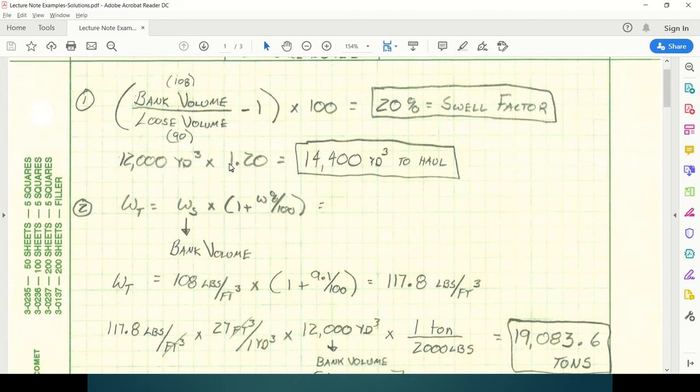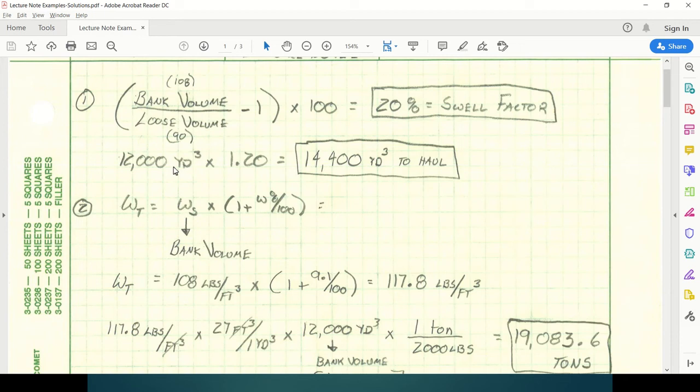So you notice I put the 1.20, so I can take 12,000 times 0.20, and that's 2,400. So that's 20% of 12,000 cubic yards, which is 2,400 cubic yards.